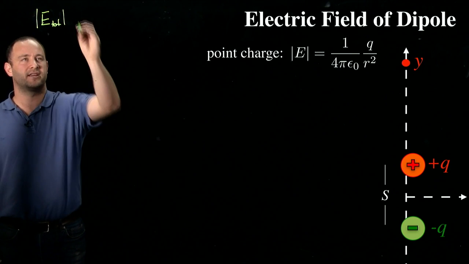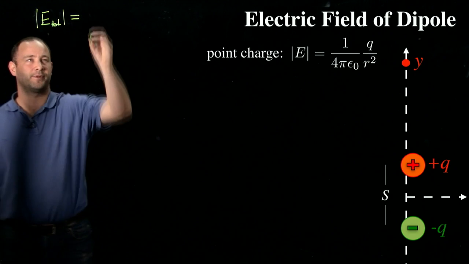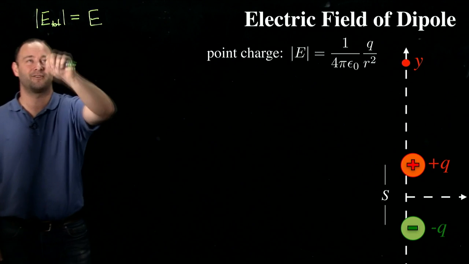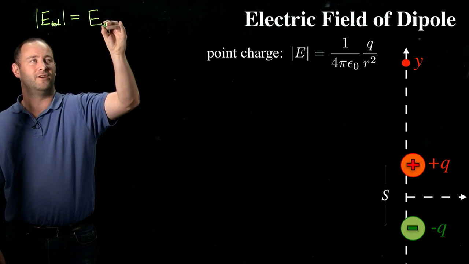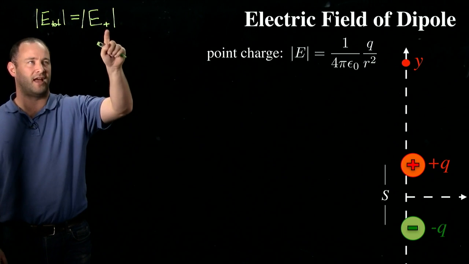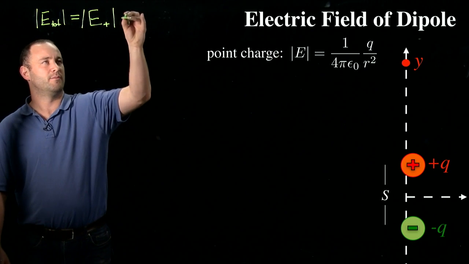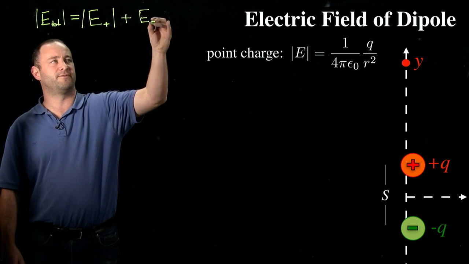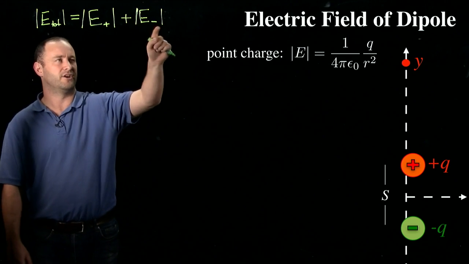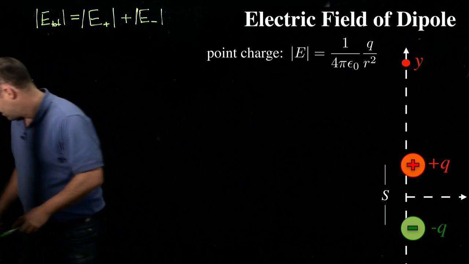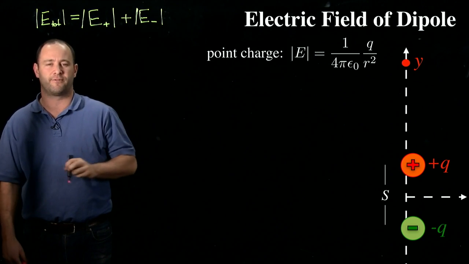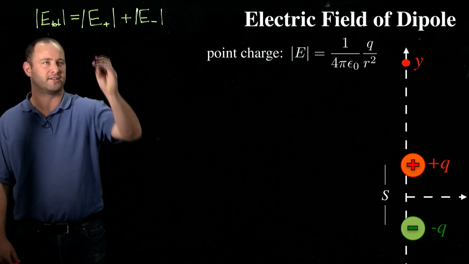So the total electric field is simply equal to the magnitude of the electric field from our plus charge, which I'll label with a subscript E plus, plus the value of the electric field from our minus charge, from our negative charge over there. So we've got the electric field from the plus and the electric field from the minus.